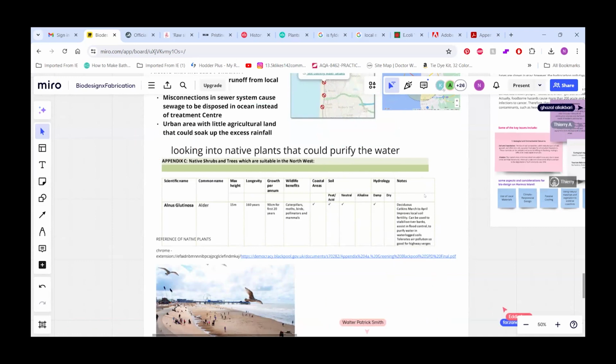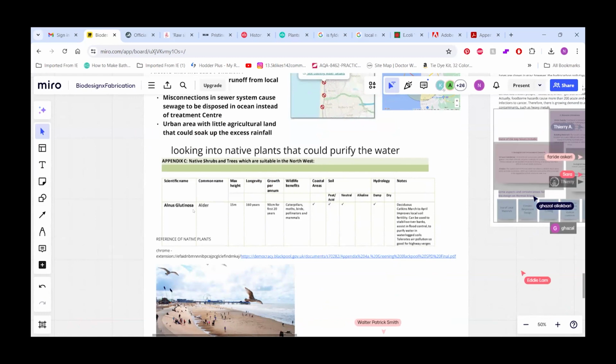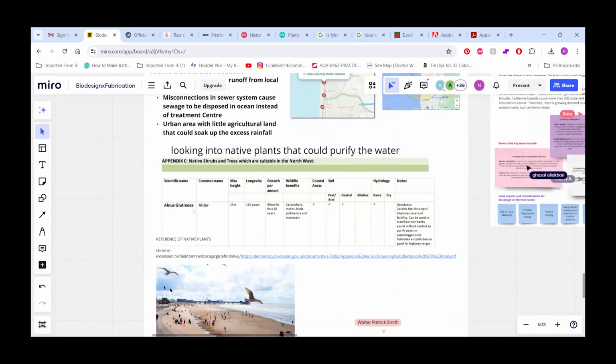For example, the alder, Alnus glutinosa, is able to purify water in waterlogged soils. So we're looking more into native plants that purify water and having a system that would do so. That would be in our structure. So that's the idea we're going with.